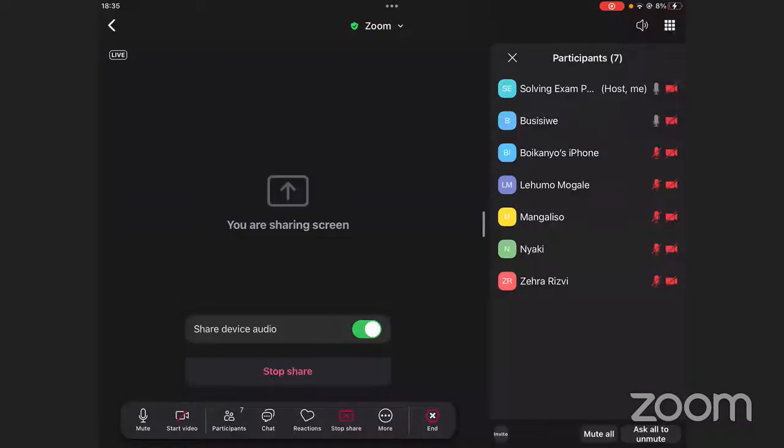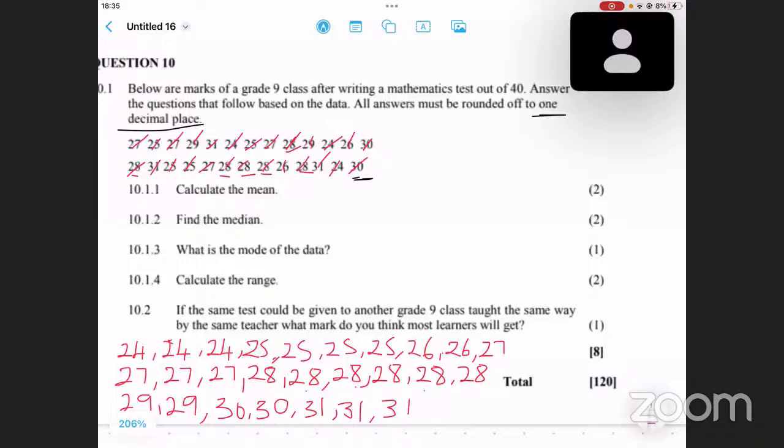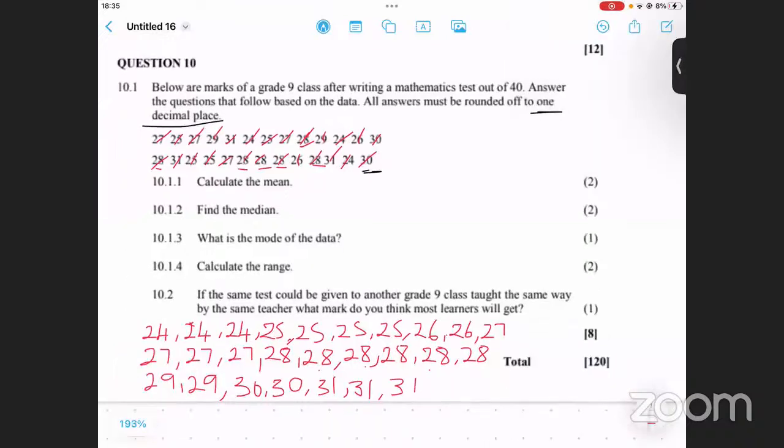Ma'am, is it the sum of the terms over the number of terms? Yes, perfect. That's the formula for calculating the mean: the sum of the terms divided by the number of terms.